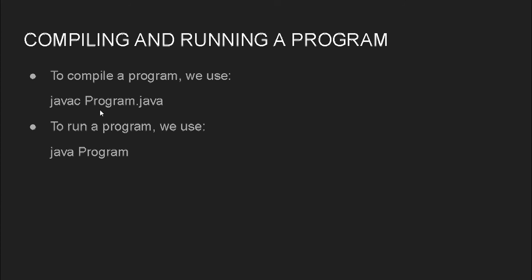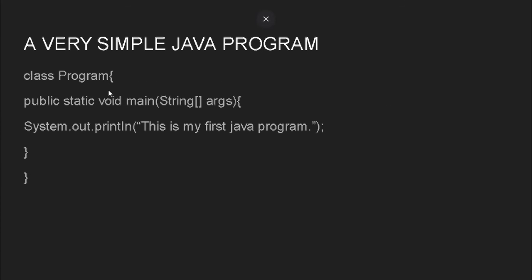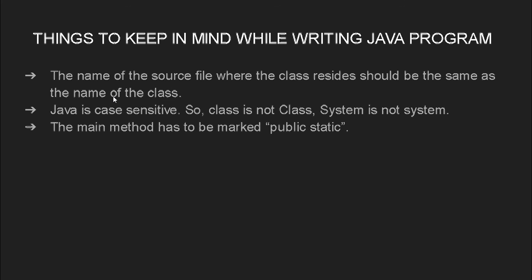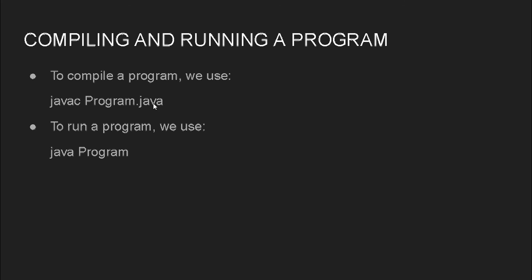After saving the file, you need to open a command prompt and write this particular line, javac Program.java, or whatever the name of the file is. For example, here it is Program.java, because I was explaining this particular concept. If you have written Example, then it will be Example.java here.